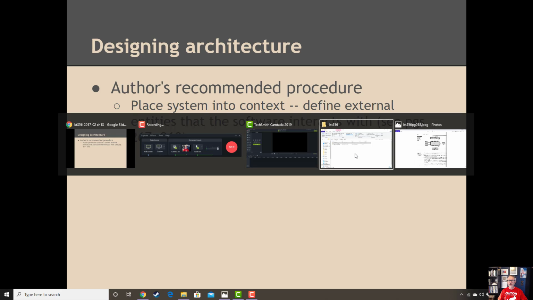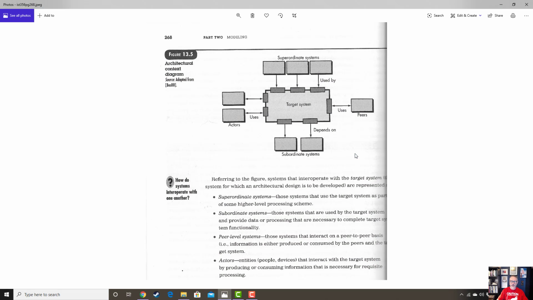So if we take a look at this page from 267 here, this gives us a generic idea of what an architectural context diagram might look like. We have a series of different pieces. We have superordinate systems. Those are things that use the thing that we're developing as part of some higher level task.